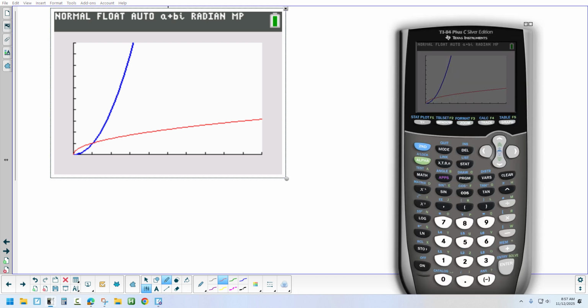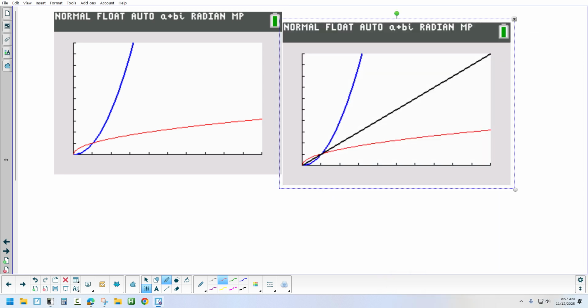Remember we said we changed the x to the y, and we changed the y to the x to get the inverse? Well, if you graph the line y equals x, that's exactly what these two functions are being mirrored over. Okay? So if you were to fold this piece of paper on the black line, the red one would land right on top of the blue one. Okay, so that's what inverse functions look like visually. They are reflections of each other over the line y equals x.